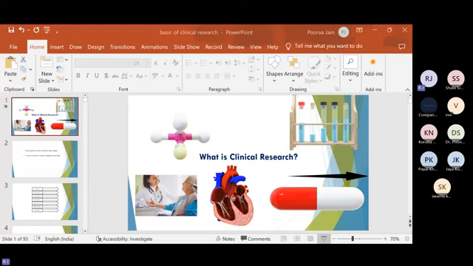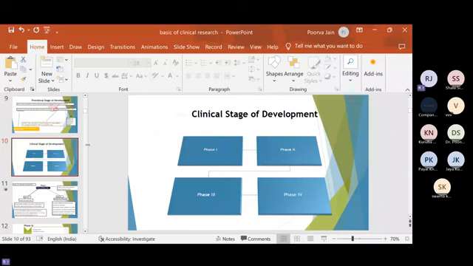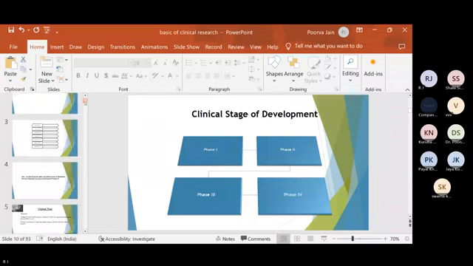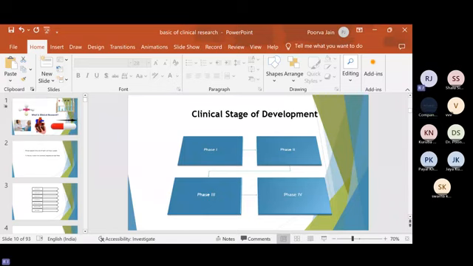Sorry, sir, for disturbing. I think your slide is stuck. The slides are not moving. Only the first slide is there. Okay, I got you. Let me reshare it again.